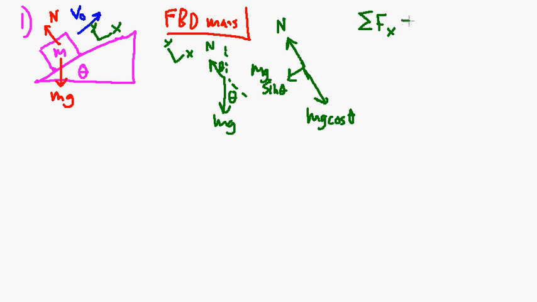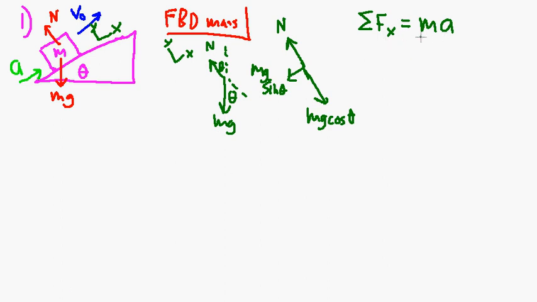equals m times a. So I'm going to define positive acceleration that way. It's going to be accelerating in the x direction, either this way or this way. It's not going to be accelerating in y, so I can just plug in my lowercase a there for sum of force in the x direction is ma.